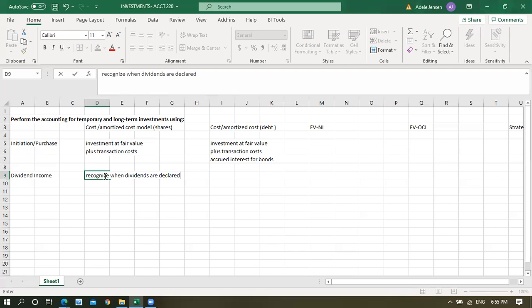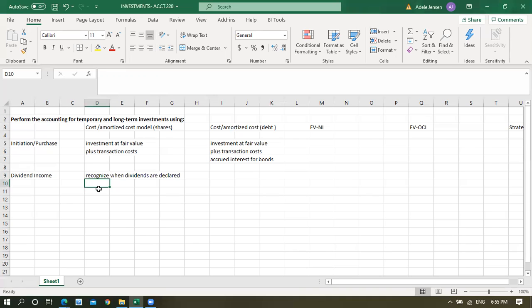You may notice that dividends would be declared, let's say April 30th, and then they might be distributed in August. Well, we recognize the dividend income when they are declared.